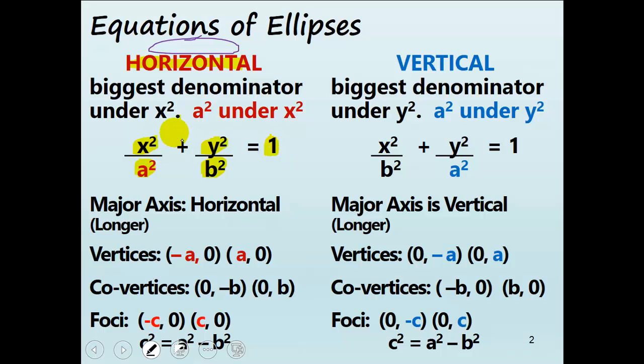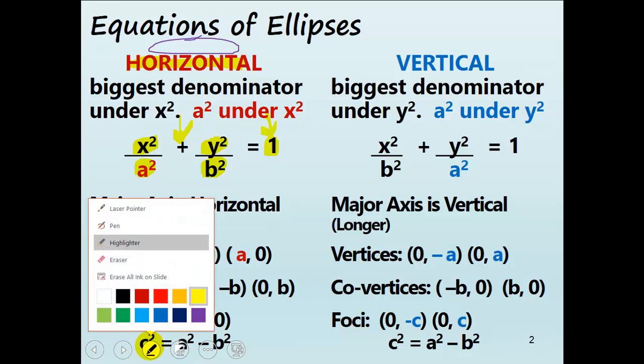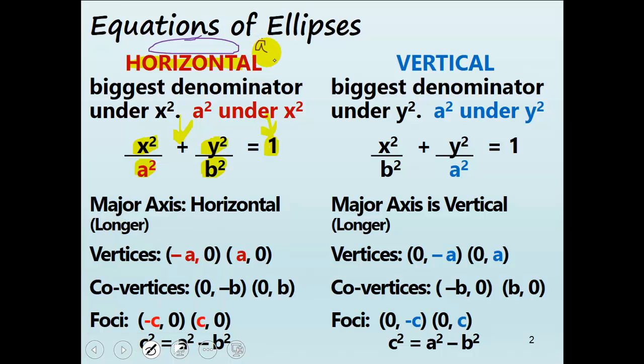This will always be plus, this will always be 1, but this a squared could move back and forth between being under the x squared and the y squared, okay? The thing to remember is that a squared is always the biggest number, okay? So make a note of that. A squared is always the biggest.